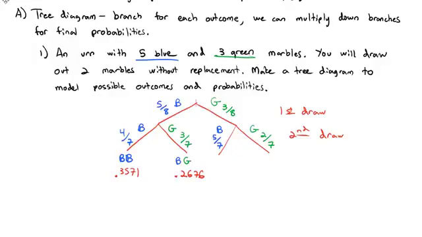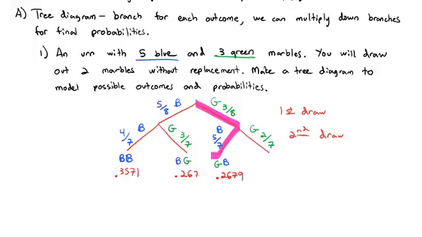Going down the next path, we go green, then blue. If we want a green marble, then a blue marble, that probability is 3/8 times 5/7, which turns out to also be 0.2679.